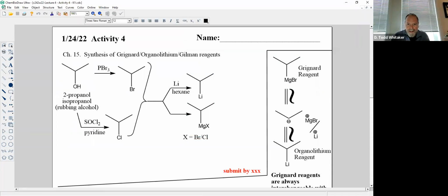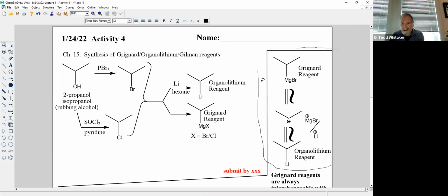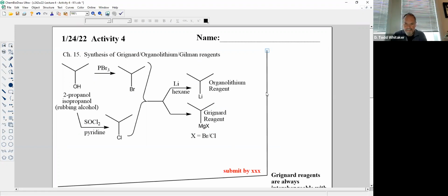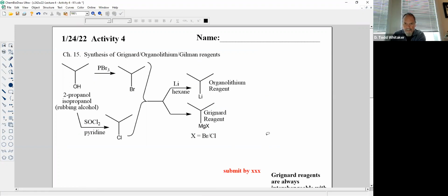And you have just learned, well, you haven't quite learned how to make a Grignard, and the organolithium here. I think we don't have to have the same notes on every document. This whole document's notes. There you go.